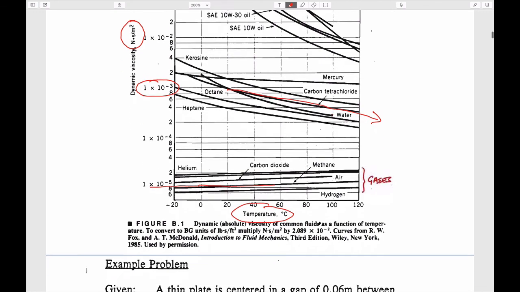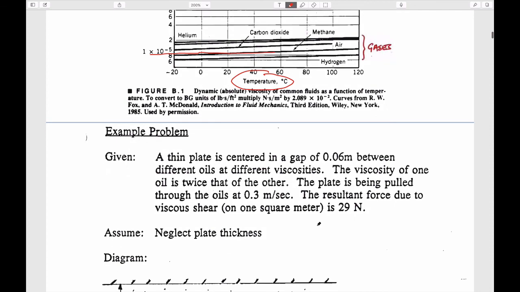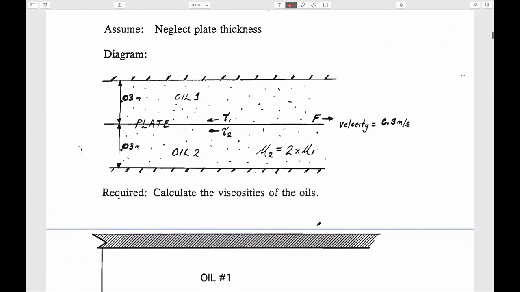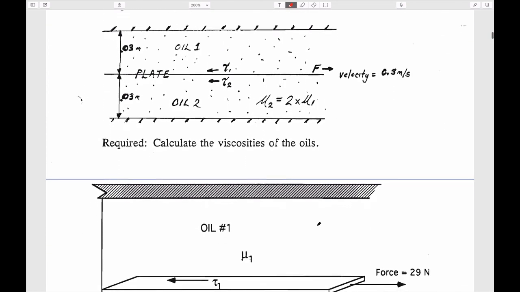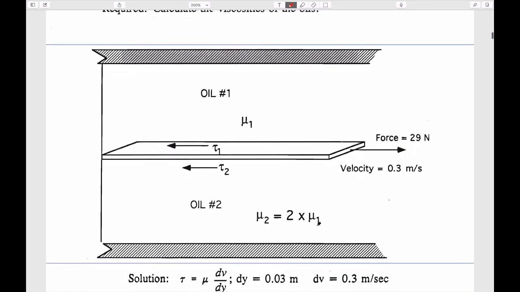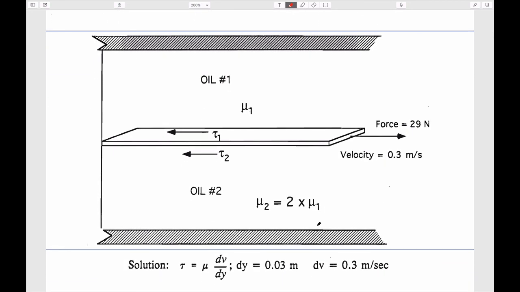Okay? So there's an example problem here. You can look at last year's video if you want to see how to do it. It's basically asking the question of if you apply a force of 29 newtons, and as a result this goes through this plate sandwiched between a fluid 1 on the top and a fluid 2 on the bottom, what are the viscosities of those fluids?